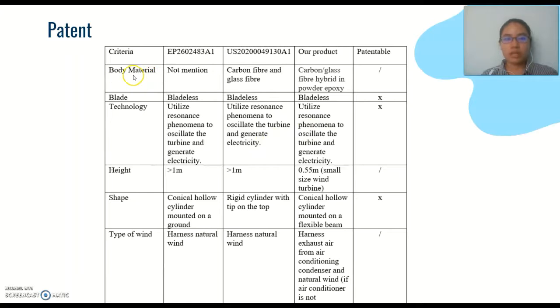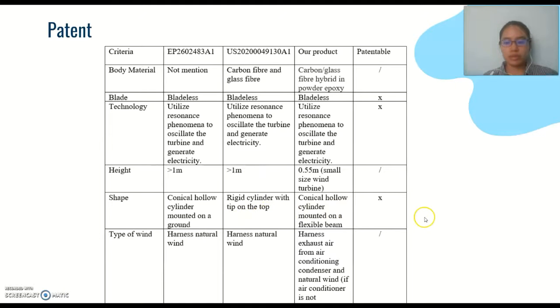What is different is the body material, which is the mass material that we use, carbon glass fiber hybrid in powder epoxy, while the US patents use carbon fiber and glass fiber composite. And for the size, ours is focused on small size wind turbines, while those patents are larger, with height more than 1 meter.